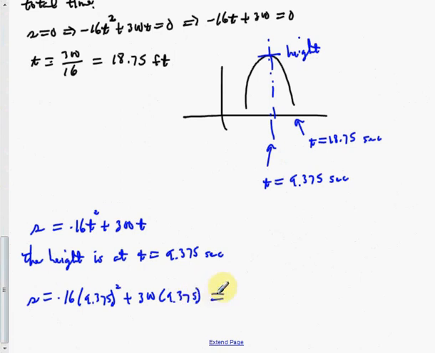Anybody calculate that? You get 1,006.25. I'm sorry, 1,406.25 feet. Yep, 1,406.25. Okay.